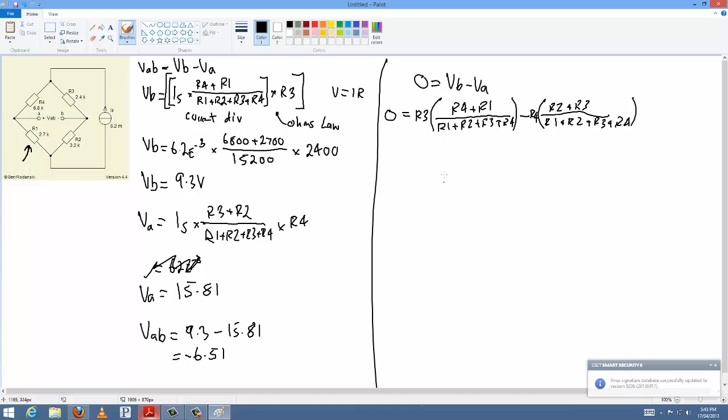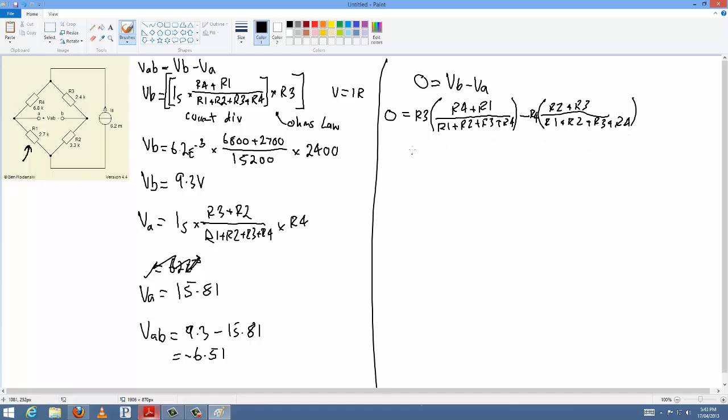Now I will skip a step here. If I expand these, it ends up being R3 times R4 plus R1 on top, minus R4 times R2 plus R3 on top of the denominator. Both denominators are the same.